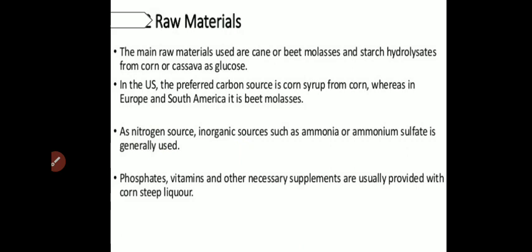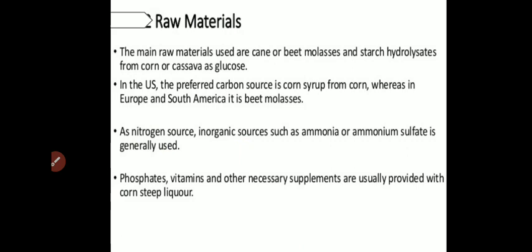This nitrogen source is provided by inorganic components like ammonia or ammonium sulfates, and other nutrients like phosphates, vitamins, and other necessary supplements are provided with the help of corn steep liquor for the proper growth of our microbial strain.